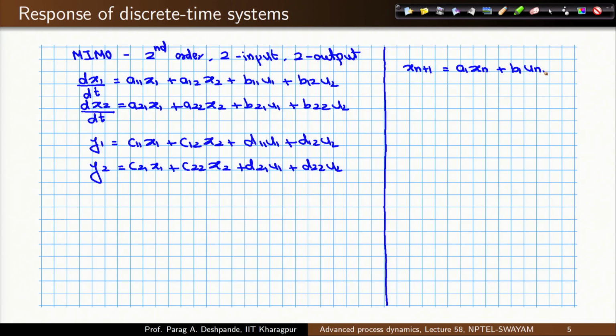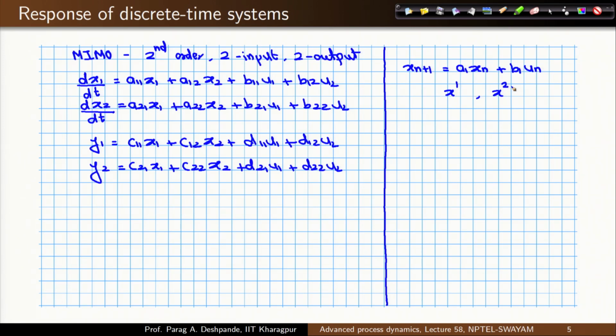Now, you have two dynamical variables x 1 and x 2, right. But if we write this with subscript x 1 x 2 in our current notation, this will become the time. So, we want to avoid this confusion. So, instead of subscript we will use superscript for the variable.